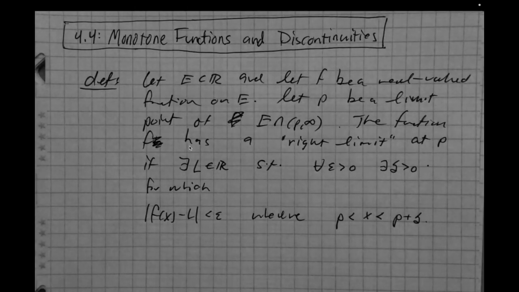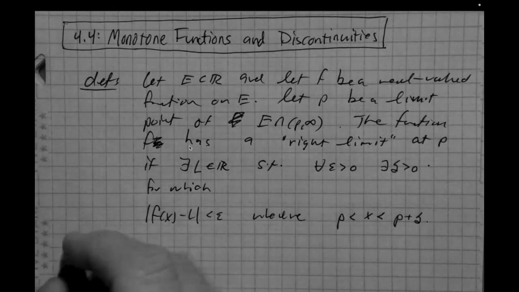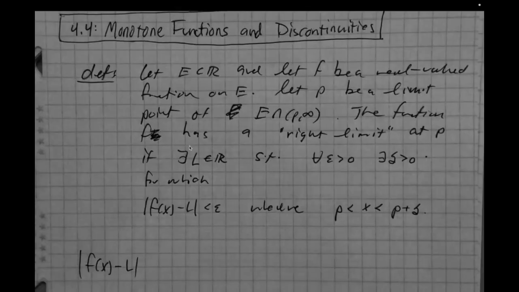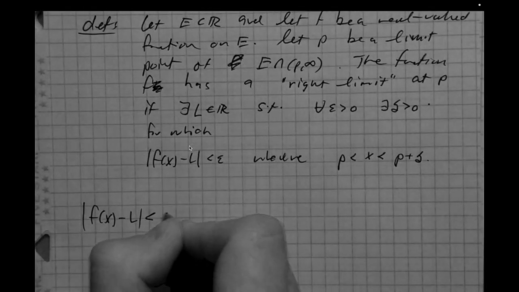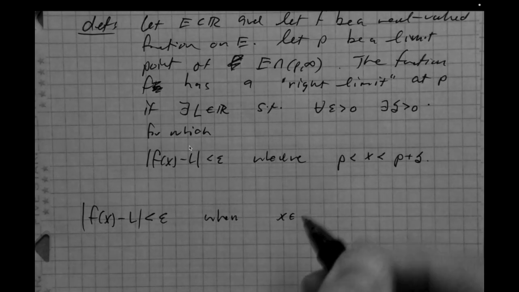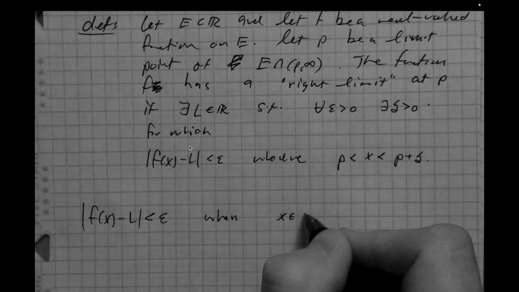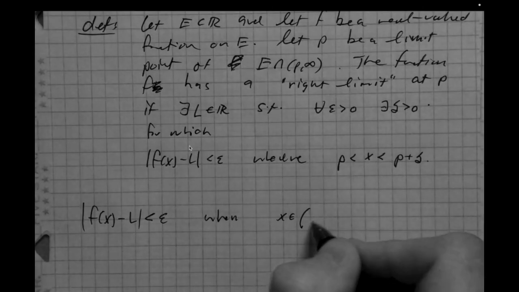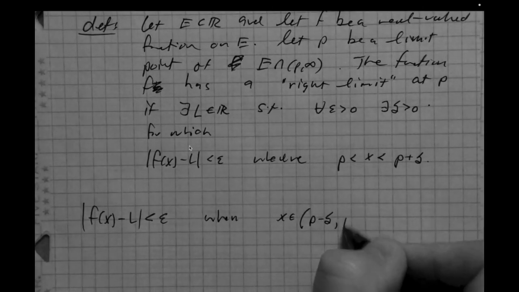Okay, and so just to make that plain, the regular limit says that f has to be within epsilon of L whenever x is in the delta neighborhood. So normally you could use the notation the delta neighborhood, or you could say P minus delta comma P plus delta.